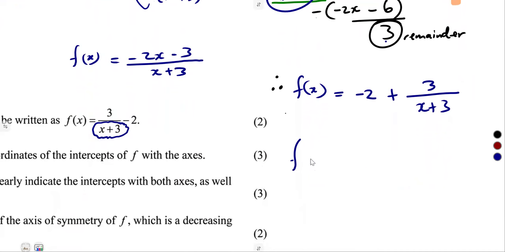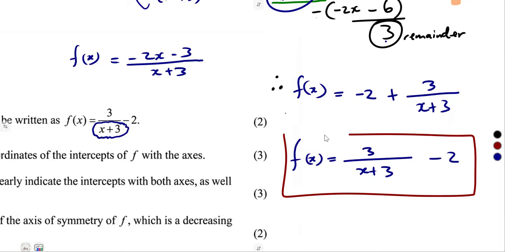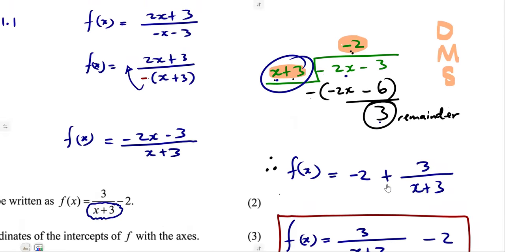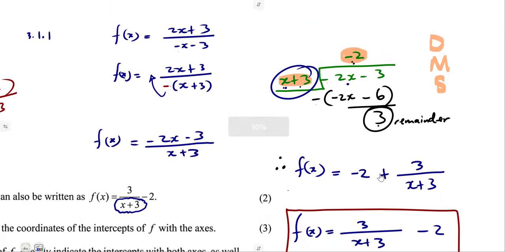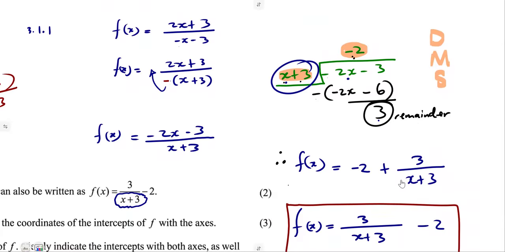We can even just rewrite f of x is equal to 3 over x plus 3 minus 2. This is what we are given. So there are so many ways. If there is any other way that you feel like using, just use that. But at the end of the day, you must obtain the same answer that you're given. This is show that, so you must have your answer in that manner, if you are using any correct method.